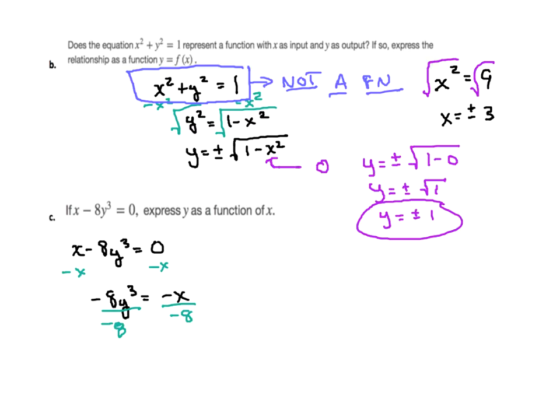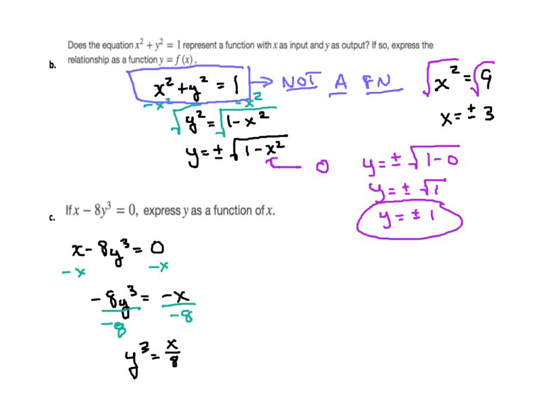And now I have y cubed equals positive 1/8 x. Or I could write that x over 8. I'll write it x over 8. Let me change that. For some reason, that just doesn't feel good tonight. There we go. So x over 8.